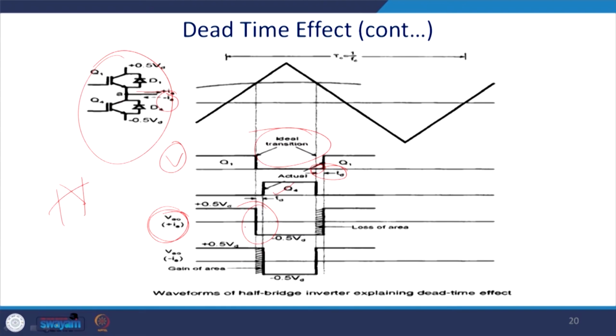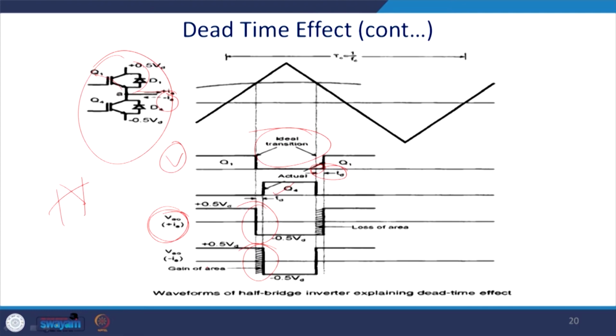You can see that if you turn off this device Q1, initially the current will not go through this path because it is sinking; ultimately current will try to flow through the diode first, and thereafter it will go through the device. For this reason you will have a loss area, which will be this.